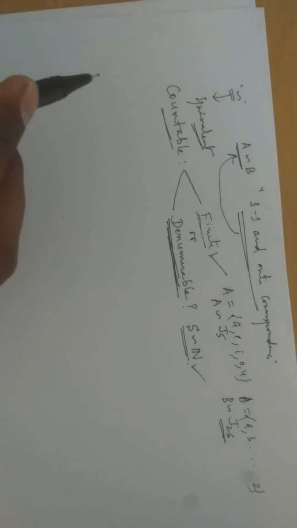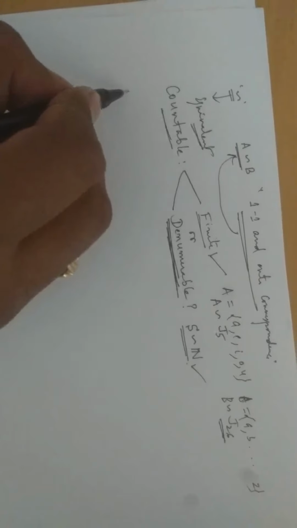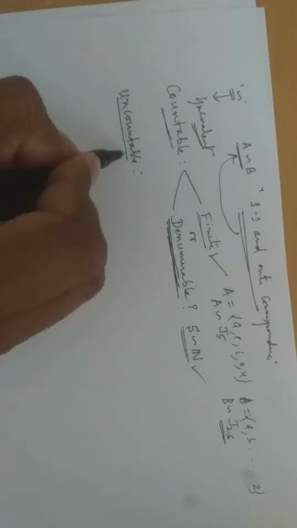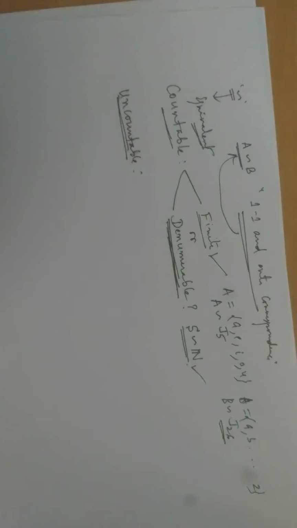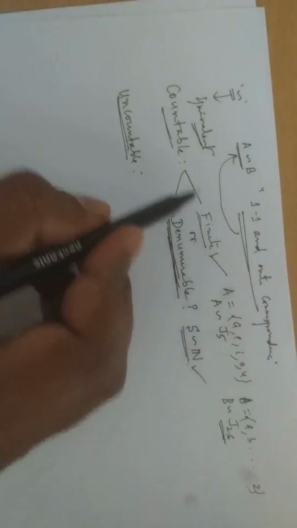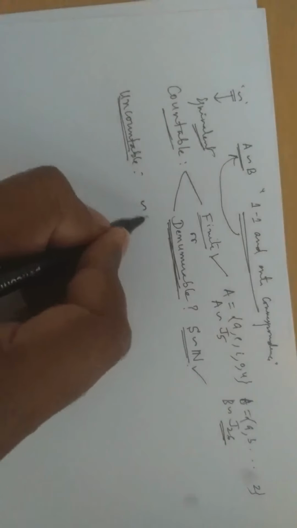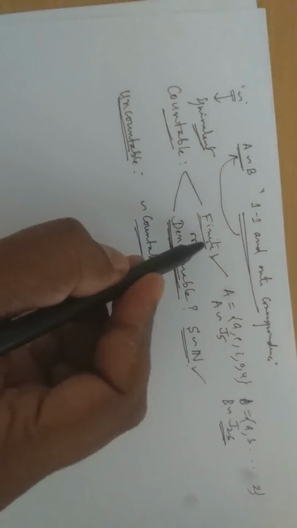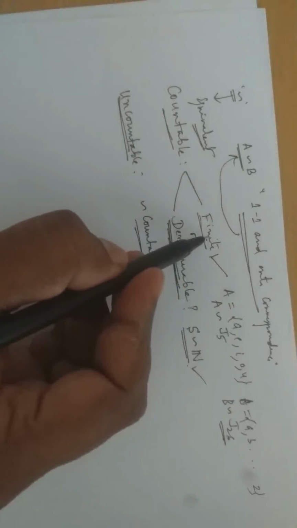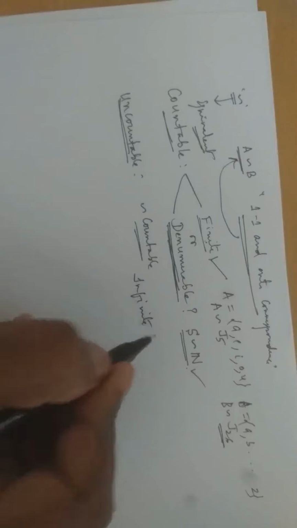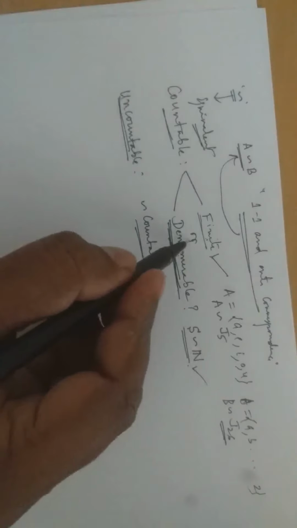Now, what is uncountable then? Uncountable means it should not be countable, so negation of countable. Negation of countable means you should negate this. It cannot be finite, it should be infinite. Or becomes and.